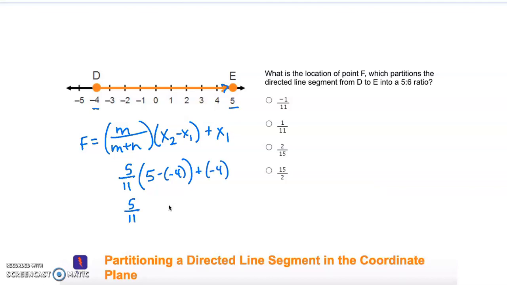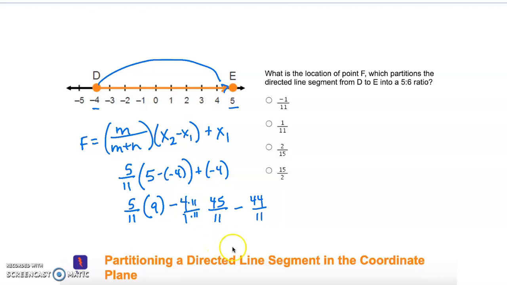So we're going to take 5/11ths of this whole distance, and the whole distance is 9, plus -4. So this is 45 over 11, and I'm going to put them both in 11ths. And 4 turned to 11ths is 44/11ths because I multiplied by 11 over 11, which is an equivalent fraction. And 45 minus 44 is just equal to 1/11th. And that's how we find it.